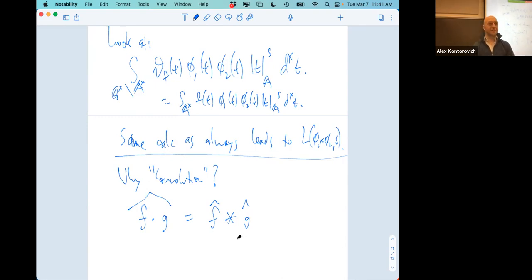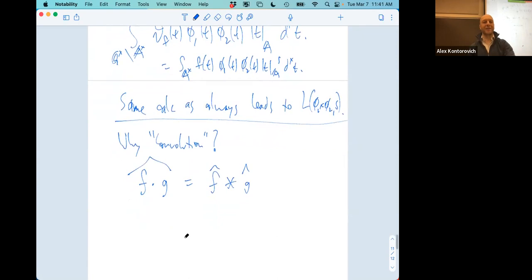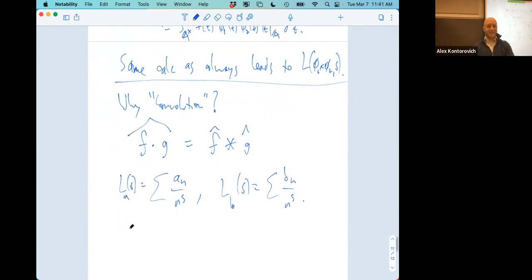And in fact, there's a way to make this precise on the level of Dirichlet series. So if I have a Dirichlet series, L_A(s), a sum of a_n over n to the s, and I have another series L_B(s), a sum of b_n over n to the s, then it turns out that the Rankin-Selberg convolution of these will be a_n times b_n over n to the s.